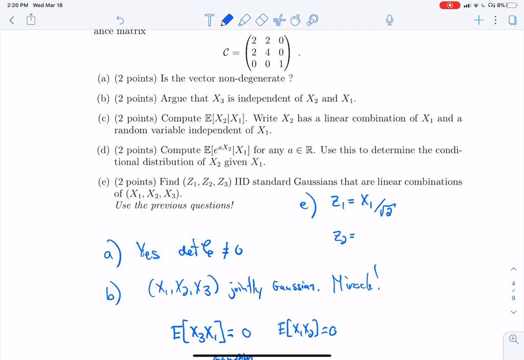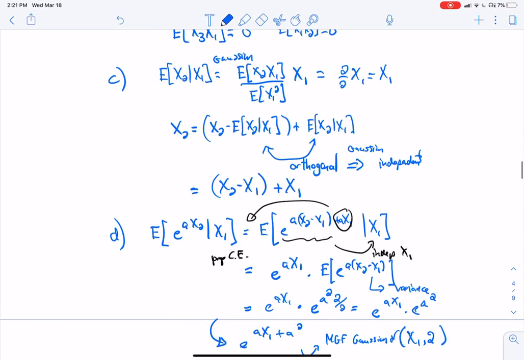I found it in C, and that's just x2 minus x1. So this is Gram-Schmidt. You take x2 minus the part that is in x1. If I want to normalize it, I divide by the square root of the variance, so it's again square root of 2. And Z3 is just x3. We know that x3 is independent of x2 minus x1, and x3 actually has variance 1, so x3 is easy. Z3 is just equal to x3. Alright, so that solves it.